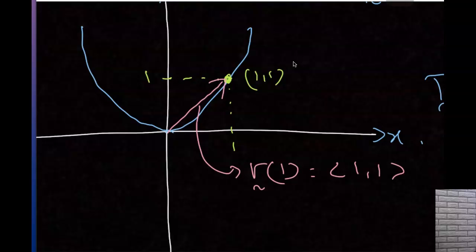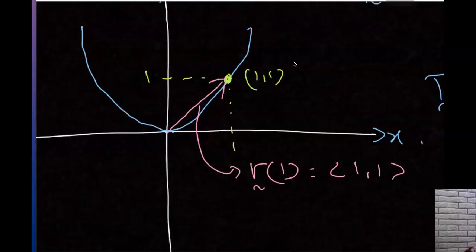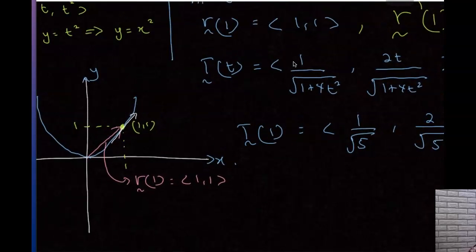Based on our understanding, we know that the unit tangent has to do with the tangent line. So we can expect the tangent vector, or the unit tangent, to be in this form. But we don't know that yet. Then you have to refer back to your value of t here.